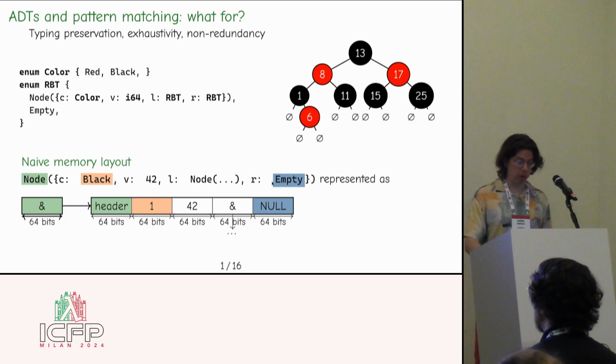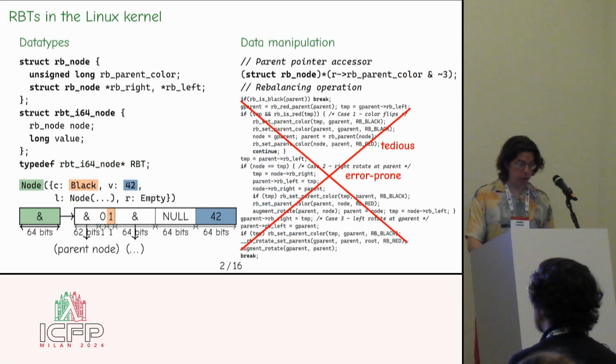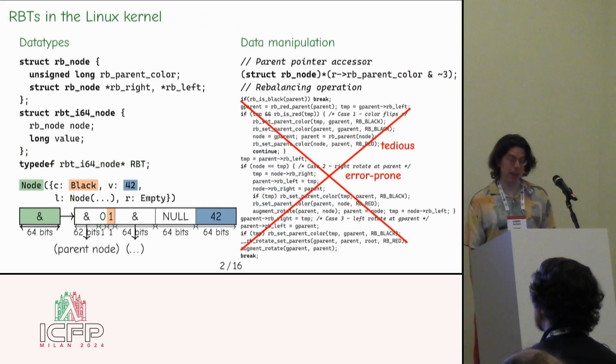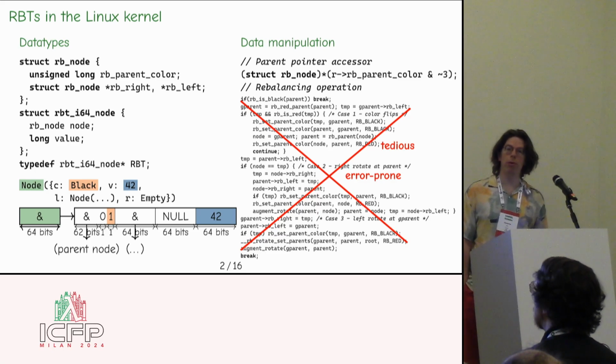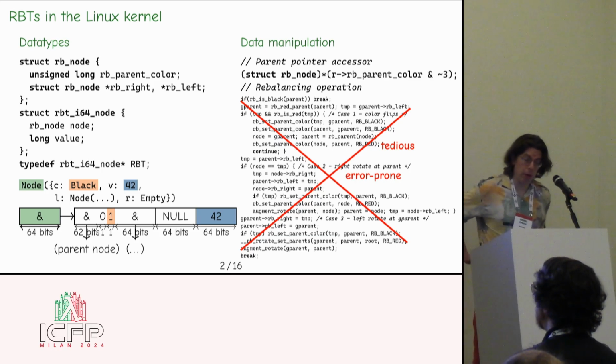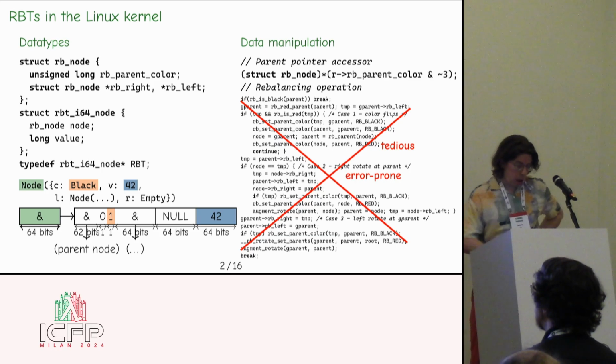Okay, good, excellent. Now the problem is that in many performance-intensive code, they do not want a representation like that at all. There are red-black trees in the Linux kernel, and they are represented like this.